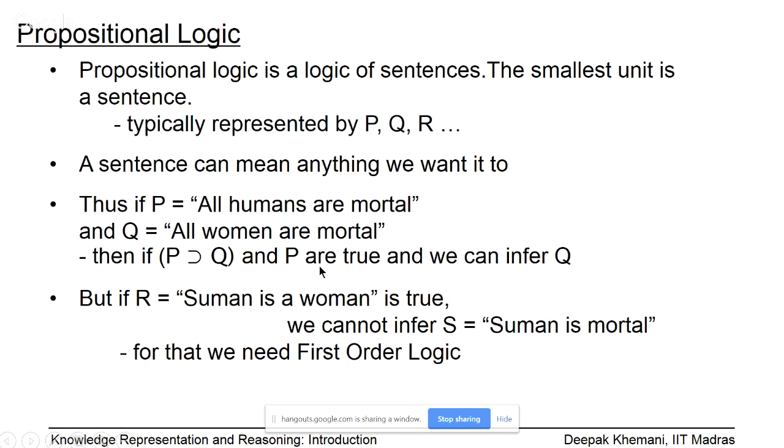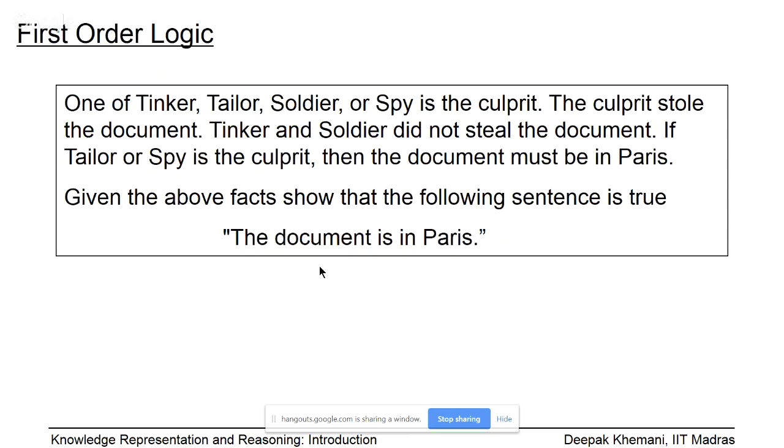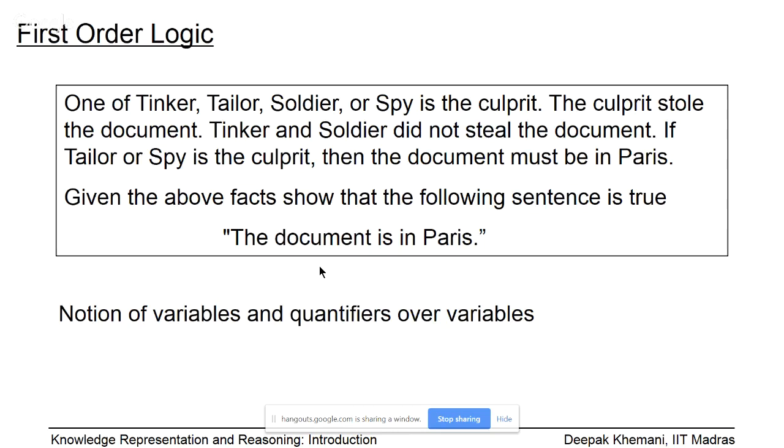So when we want to look inside sentences, when we want to break up sentences into the constituent parts, we need first order logic essentially. So in first order logic, for example, we can talk about stories in which we can say sentences like the culprit stole the document. Now the culprit is a variable.